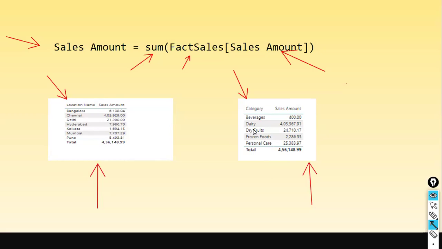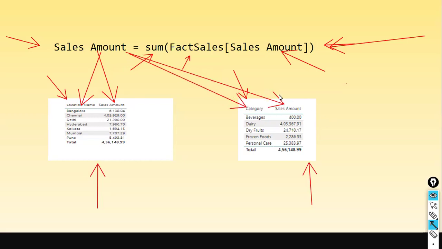See, in this case, if you think carefully, this formula computes exactly what it is supposed to compute, the sum of all the sales amount. It's a big number with no interesting meaning, right? But the moment I drag and drop the sales amount measure along with the location name, it gives me the breakdown of total sales by location, and when I drop it along with the category column, it gives me the breakdown of sales amount by category.